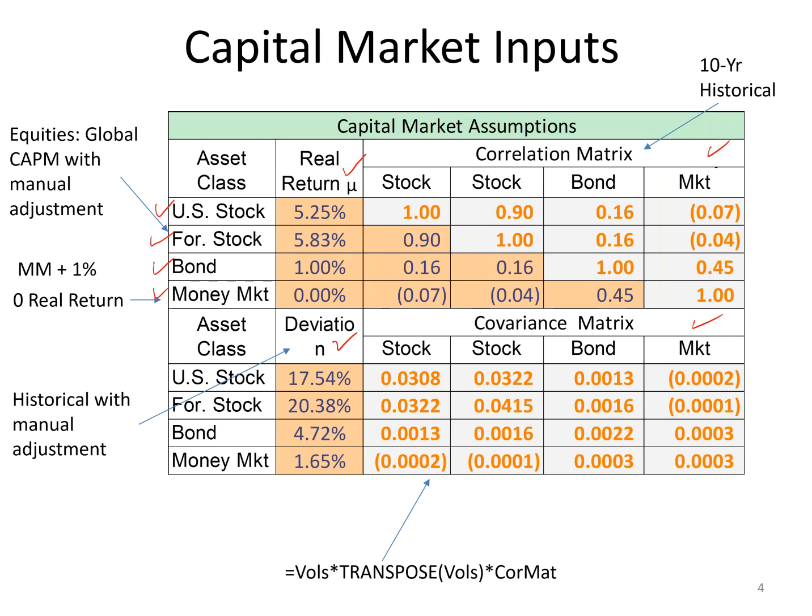Now, first of all, I'm going to do this model using real dollars and real returns. So for the U.S. stock market, I'm going to assume an expected return of 5.25. If I assume an inflation of about 2%, which I do later, that means it's more like a 7.25 nominal return for the stock market. And for foreign stocks, I'll assume 5.83. Where I got these two numbers is through the global CAPM model, and that'll be shown when I switch to the spreadsheet.